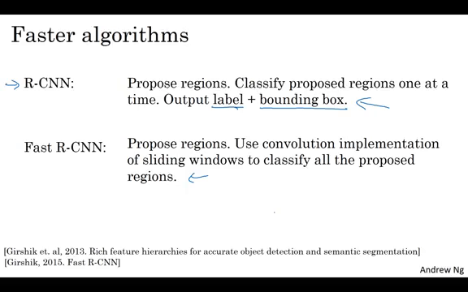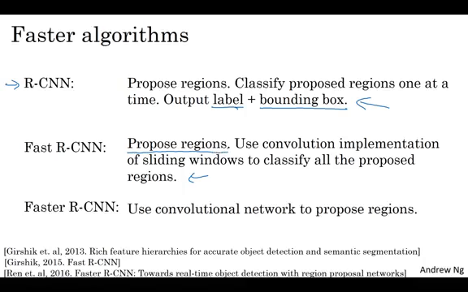And that speeds up R-CNN quite a bit. It turns out that one of the problems with the Fast R-CNN algorithm is that the clustering step to propose the regions is still quite slow, and so a different group, Shaoqing Ren, Kaiming He, Ross Girshick, and Jian Sun, proposed the Faster R-CNN algorithm, which uses a convolutional neural network instead of one of the more traditional segmentation algorithms to propose the blobs or propose the regions, and that wound up running quite a bit faster than the Fast R-CNN algorithm.